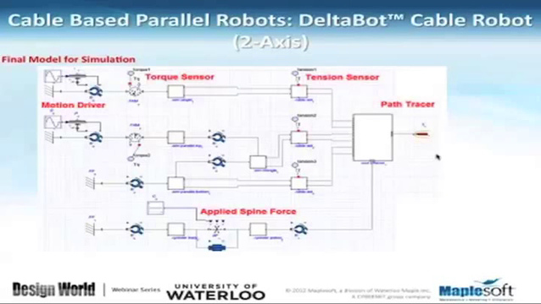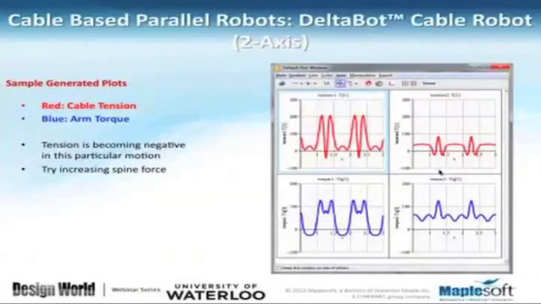And then what, again, Maple allows us is to be able to simulate this, and at the same time, since it gives us all the equations, then we can use the equations to optimize the overall system. Again, as I said, there are many factors here, like the length of the arm, the length of the cable, and the distance between the cables and the end effector.